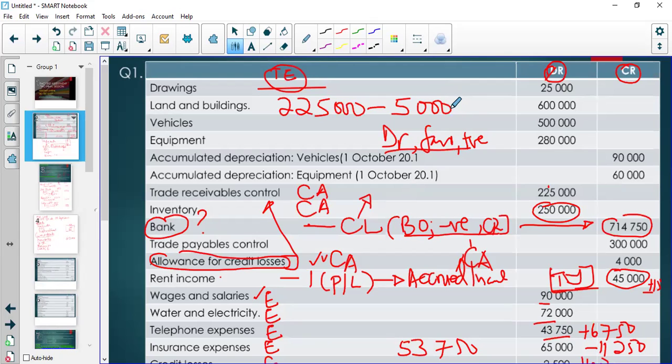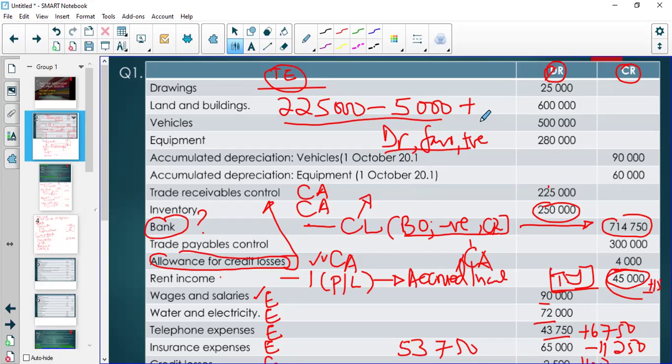So that's the only adjustment I have. But we also have that accrued income, is it 15,000? Yes, that accrued income, rental income, because now it's trade and other receivables. So I'm going to say this adjustment for trade receivables plus an addition of accrued income.